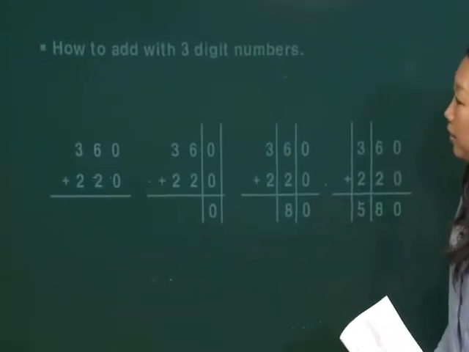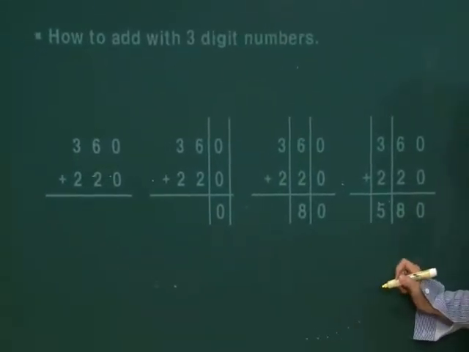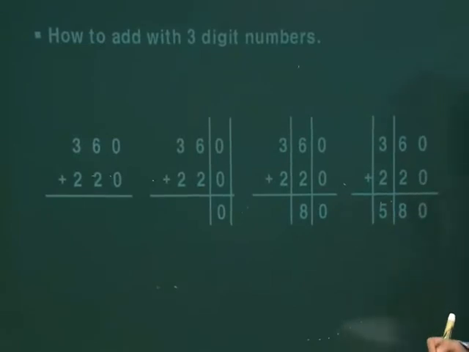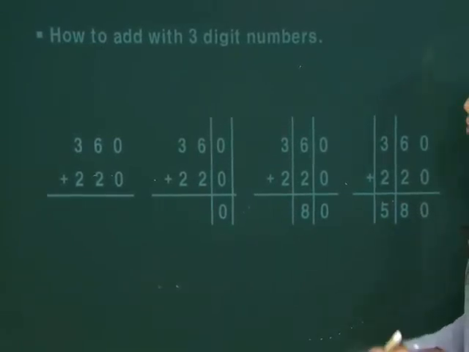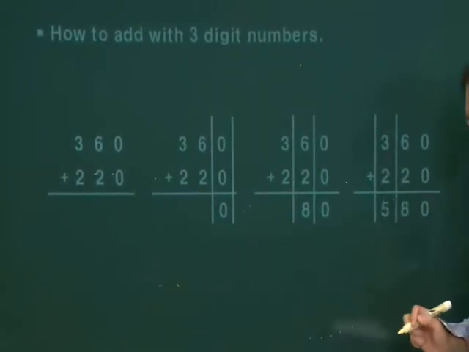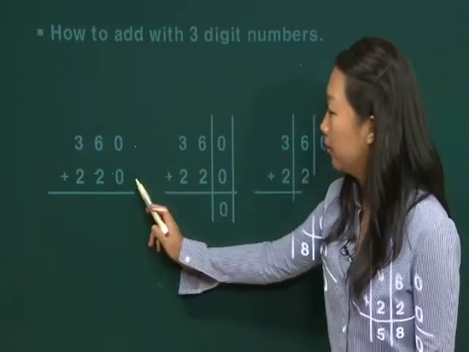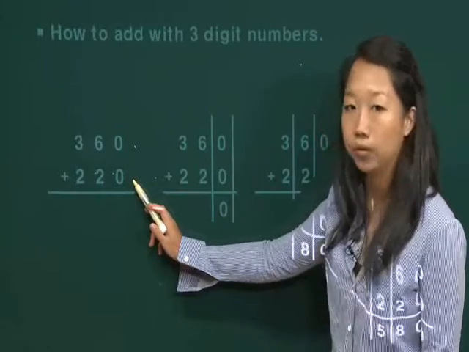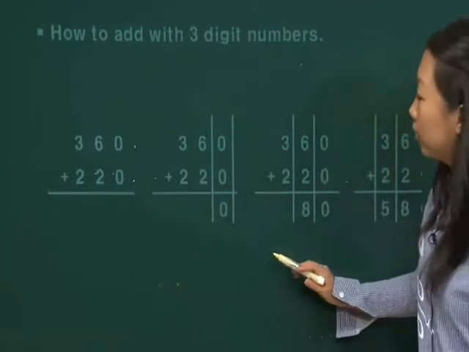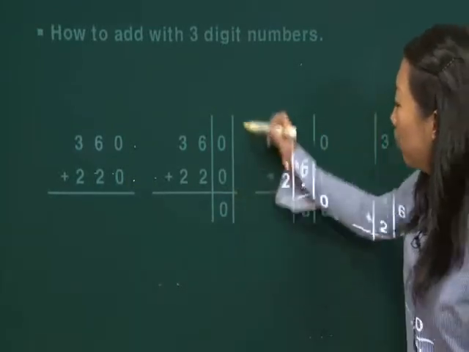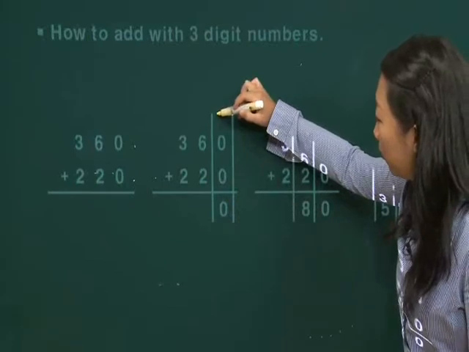So here it says, how to add with 3-digit numbers. We're going to learn how to add with 3-digit numbers. As you can see, here it says 360 plus 220. So what do we do? Well, first you have to add in order.